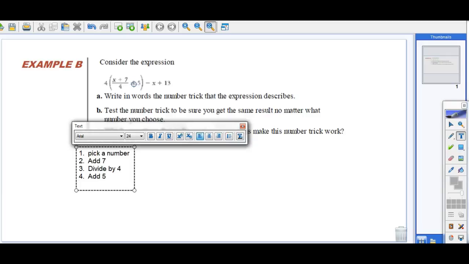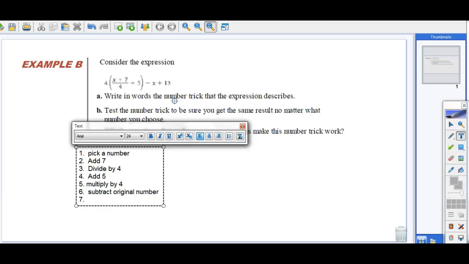Okay. And next, what I have is plus 4 minus x and plus 13. So I have to multiply by 4 first. So then I'm going to say multiply by 4. Step 6, now I have to go from left to right because I have all this minus x plus 13. So next I'm going to subtract my original number, right?